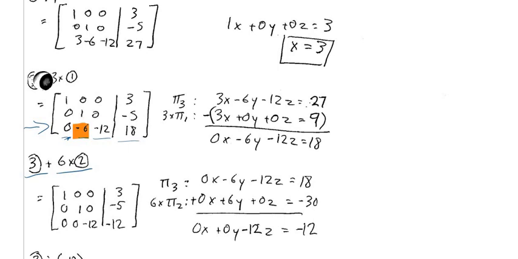It's going to be 6 times row 2, and what happens there? It becomes 0 plus 6 times 0, negative 6 plus 6 times 1, negative 12 plus 6 times 0. Then 18 plus 6 times negative 5.